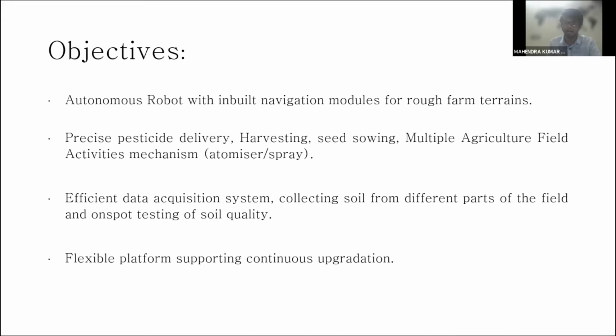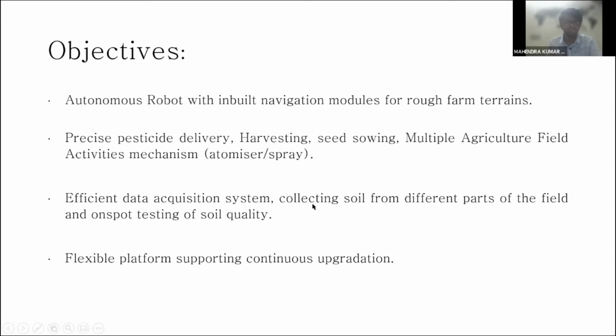Second, after the plant has matured, we want to do harvesting. At the same time, at the initial stage of the plantation, we wanted to do seed sowing with our agriculture robot. And for multiple agriculture field activities, based on requirement, we can include multiple things in our agriculture robot. It should be modular.